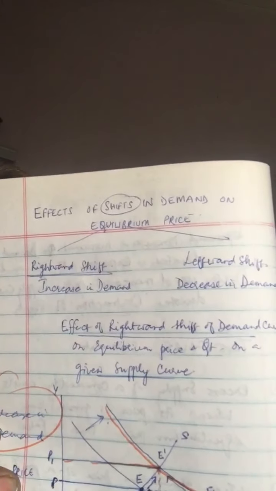Okay, so before we go on, let me just reiterate, or just go back to tell you that we did market equilibrium and the change in demand, that means increase and decrease in demand on equilibrium price, in the previous classes.